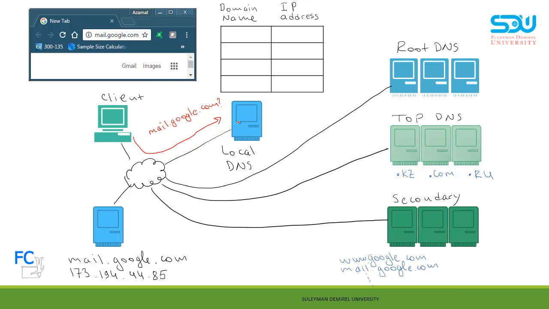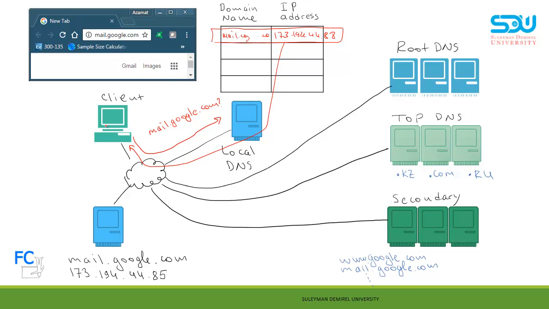And our local DNS server looks in its own DNS table. In case we have this value, mail.google.com with the IP address 173.194.44.85, then the local DNS server will immediately provide the reply.